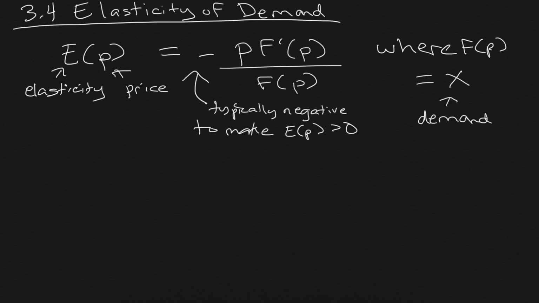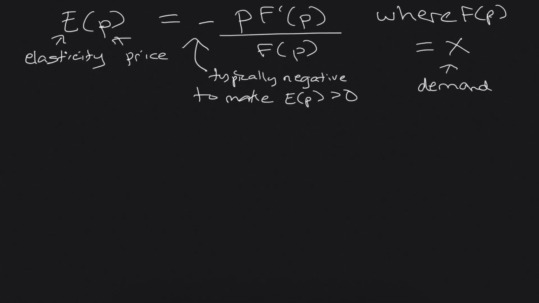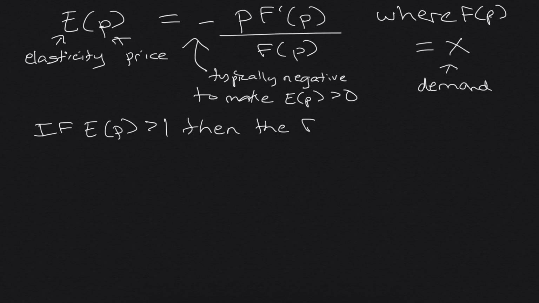And I'll put a few more thoughts down here before we start doing examples. Specifically, we're going to have some buzzwords here that I want you to know and that your homework will ask you about, the quiz will ask you about, the next test will ask you about. In particular, if we figured out the elasticity at a certain price for a certain product, and this ends up being greater than 1, then the function is elastic.